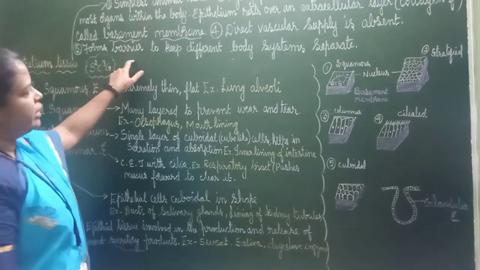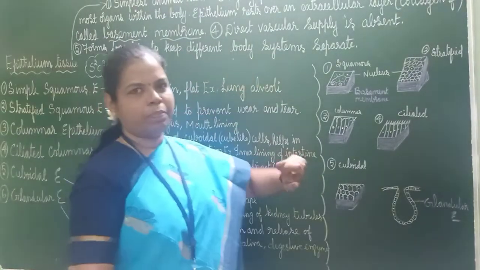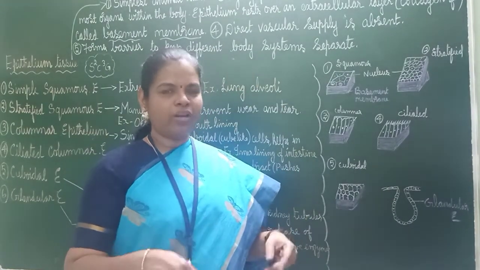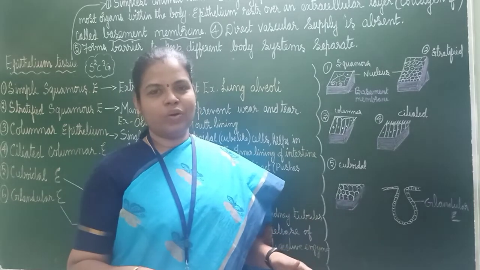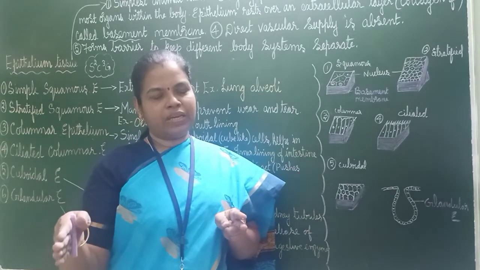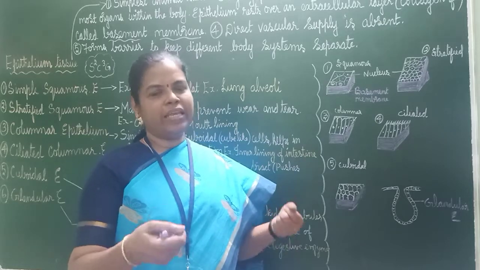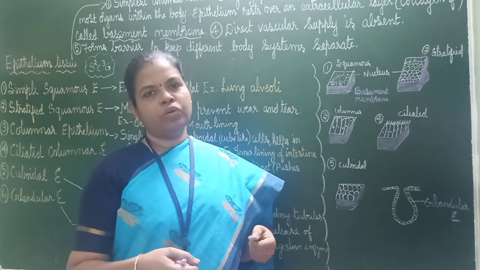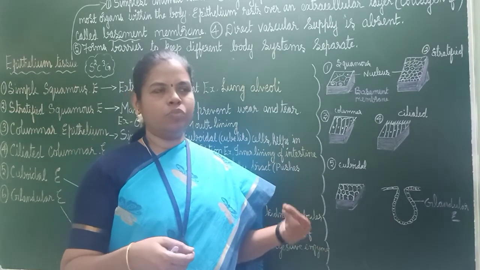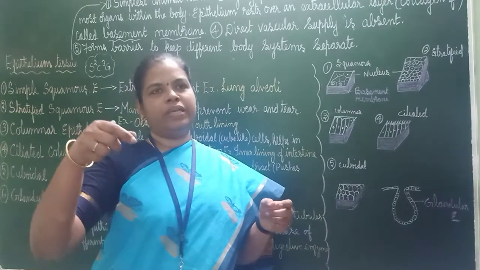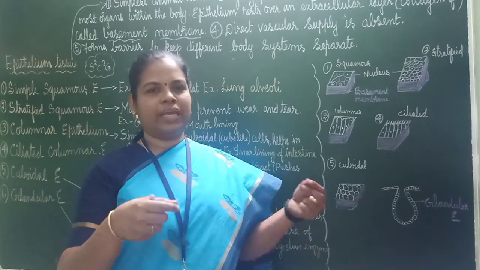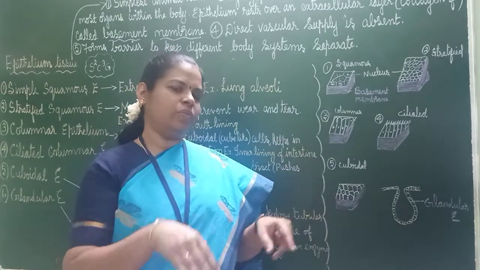It forms a barrier to keep different body systems separate. Inside our body many organs are there, no? They should be kept separate. When you carry your school bag to school, you keep your science book, maths book, geometry box, crayons, and many things inside.